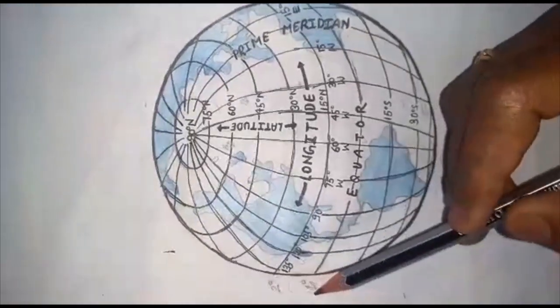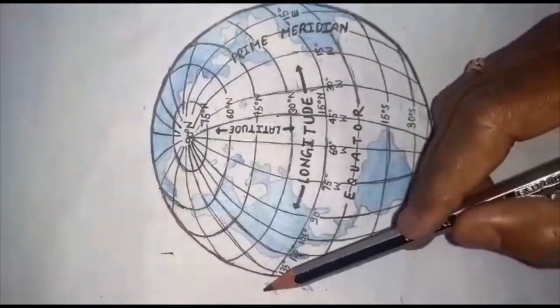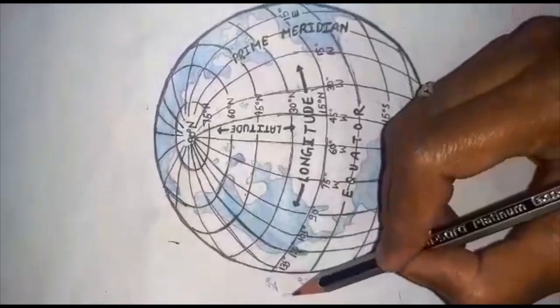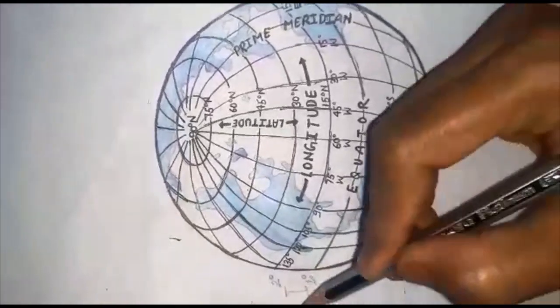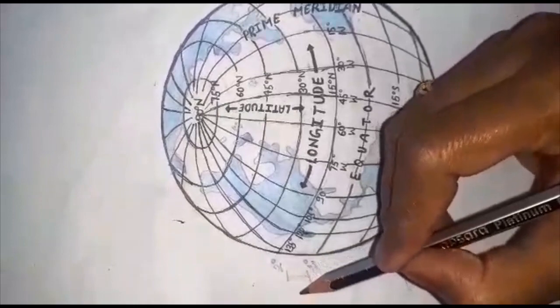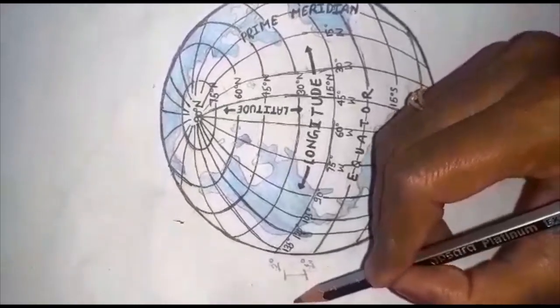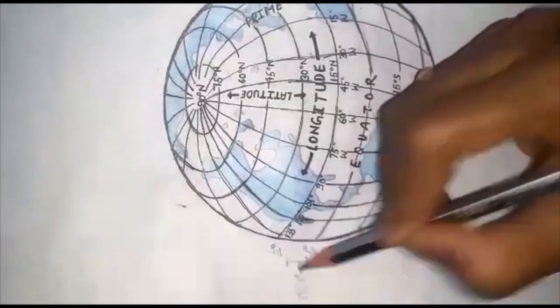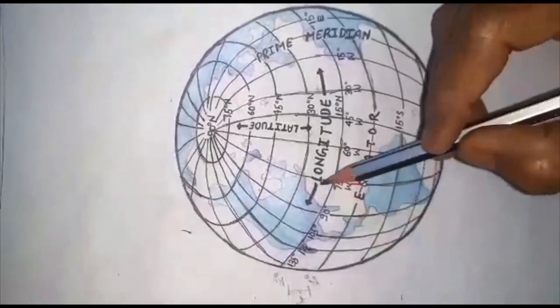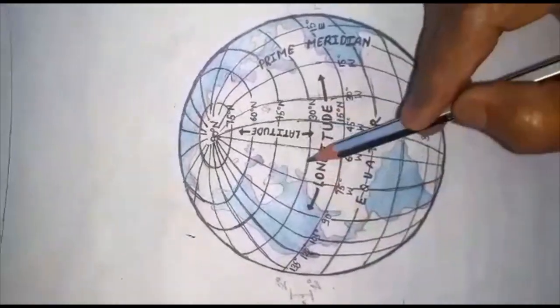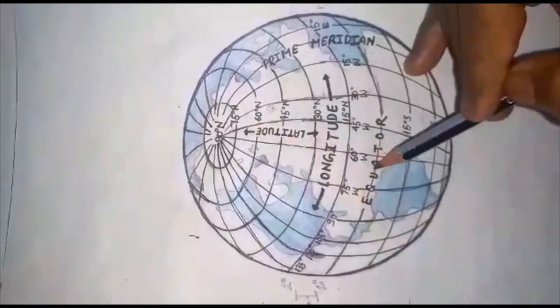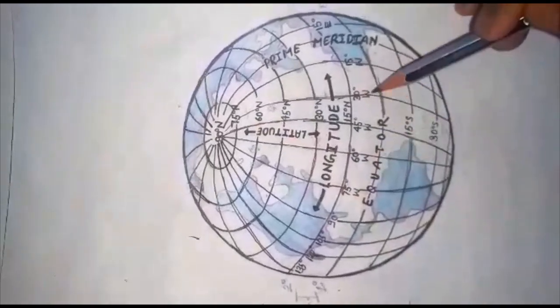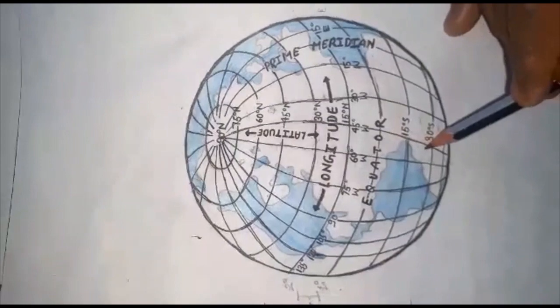Parallels are drawn at an interval of 1 degree, which is equal to 111 kilometers. There are 90 parallels in the northern hemisphere and 90 in the southern hemisphere.